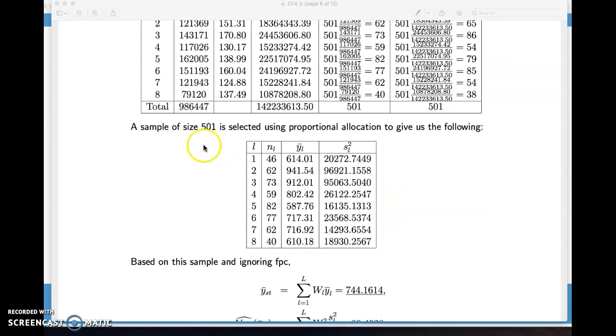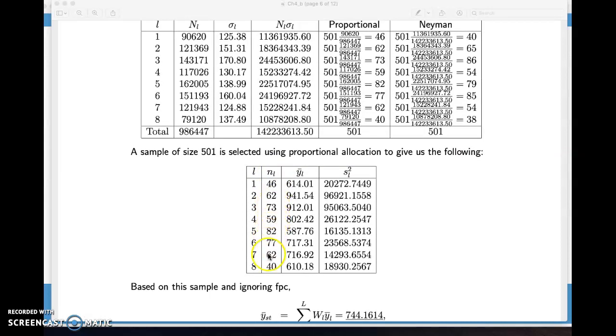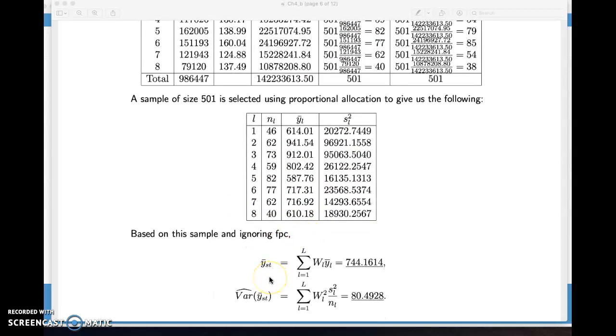Say we follow the proportional allocations, we collect 46 data from stratum 1, 62 from stratum 2, etc. Then we calculate Y bar, and within each stratum we calculate the variabilities, S L squared, the sample variance. Based on proportional allocations, we estimate Y bar is around 744.1614.